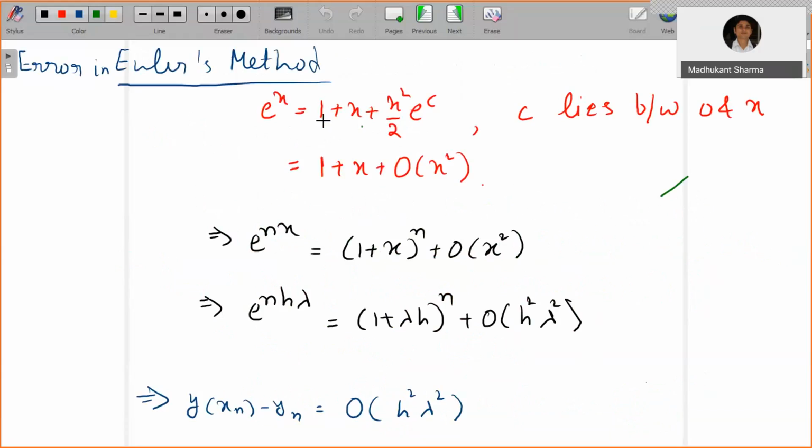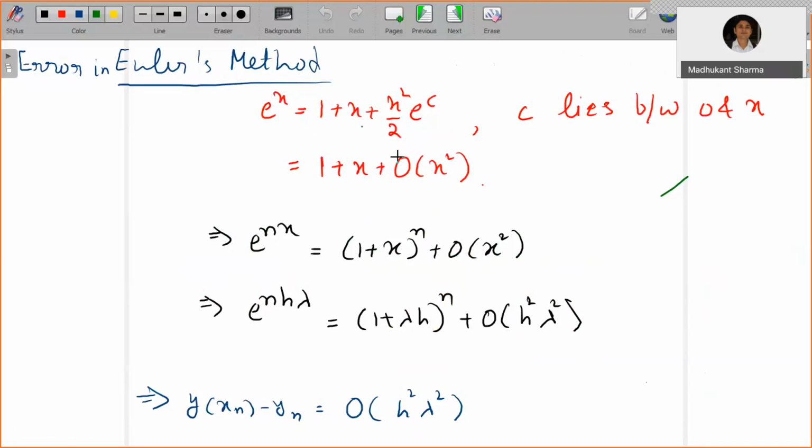Or you can truncate it. We are looking at Euler's method, so in this case we require O of h square. If you recall, the local discretization error was of h square, so we are truncating after the second term here.